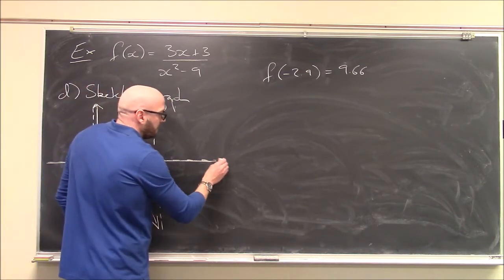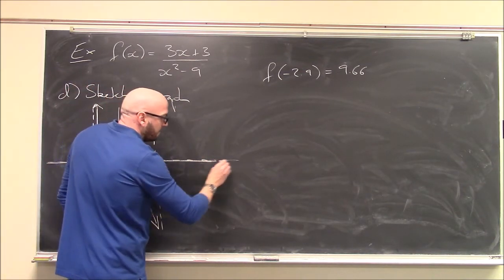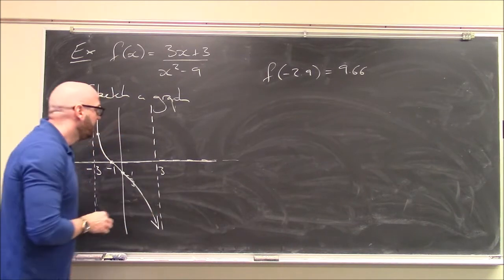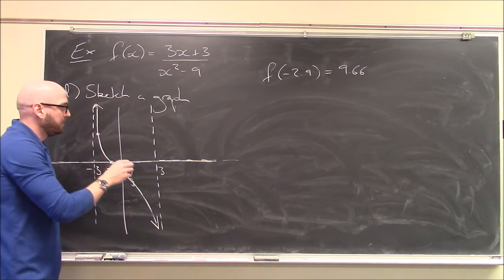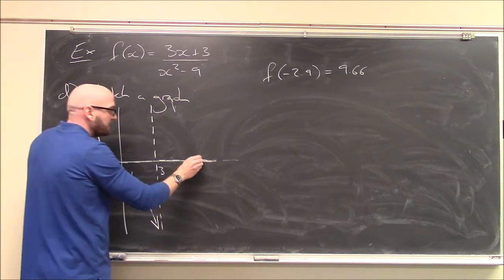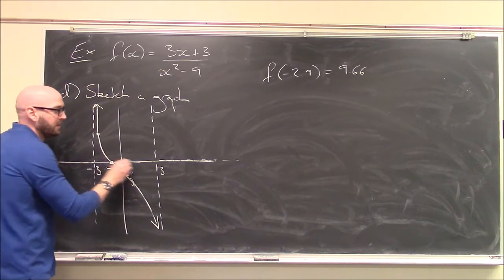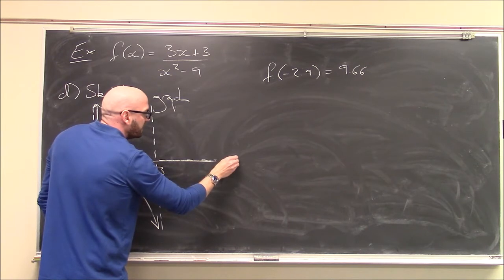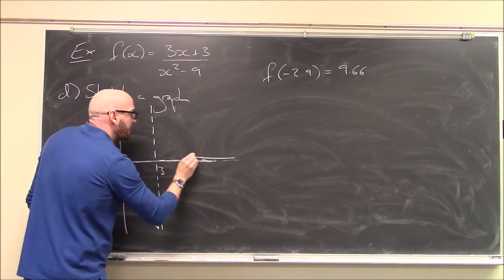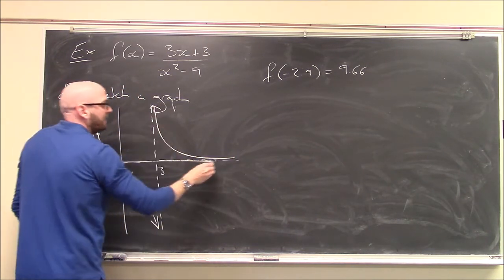So out here for very large values of x, I know my function is approaching the x-axis, but it's also positive. So it has to be above the x-axis, and it never crosses it, because this is the only intercept. So if it's above the x-axis and never crosses it, it must look like that.